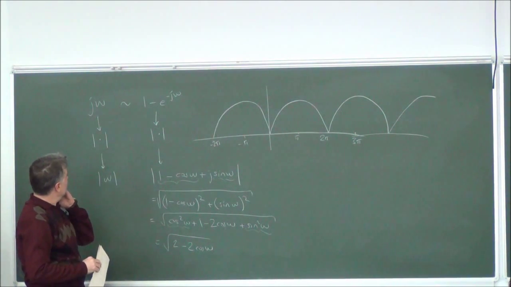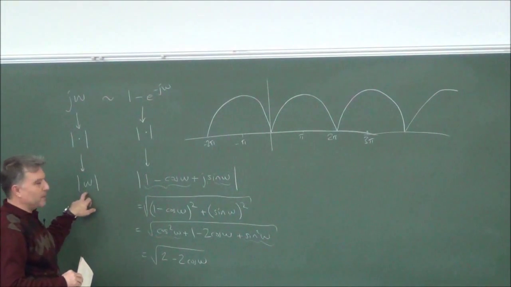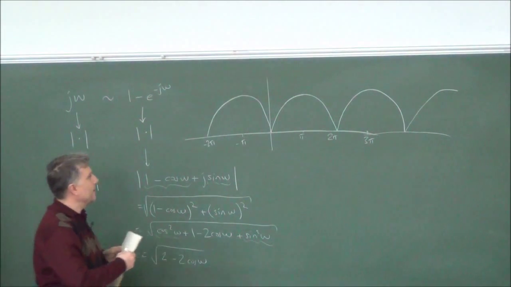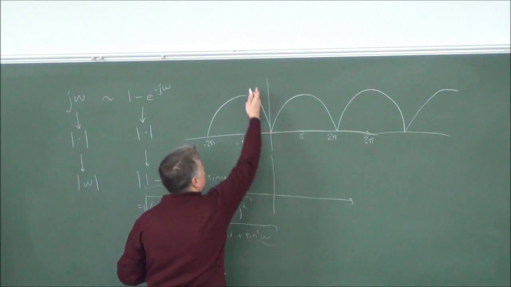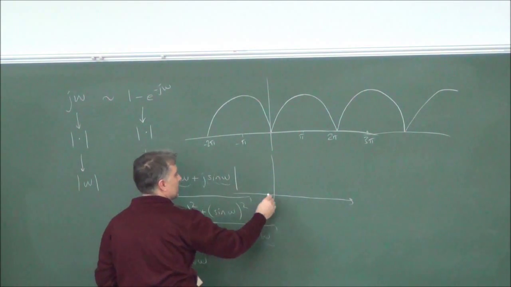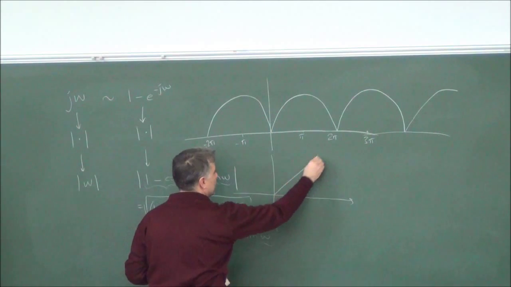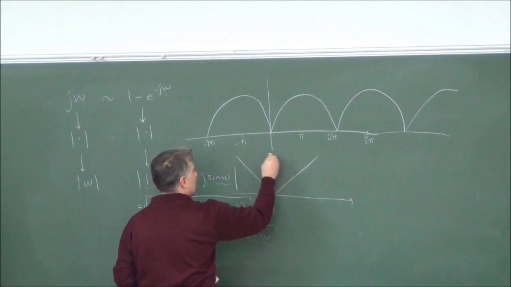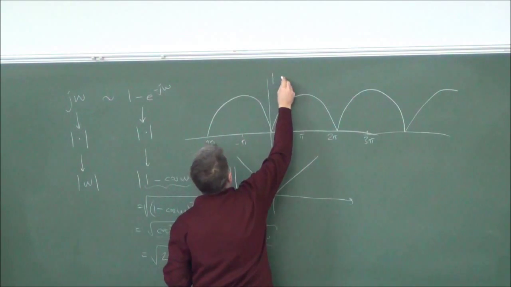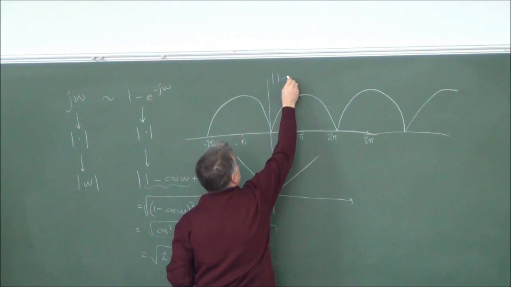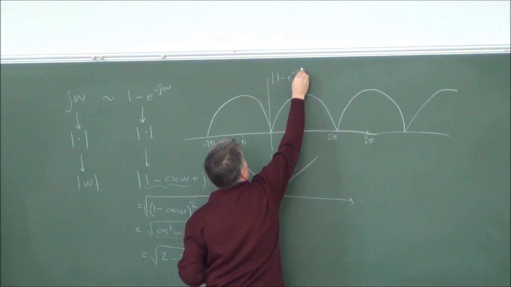And what is the plot of the absolute value of omega? I should plot it on the same axis. So what's the absolute value of omega? It's this. So this is the absolute value of omega. This is the absolute value, or the magnitude, of 1 minus e to the minus j omega.